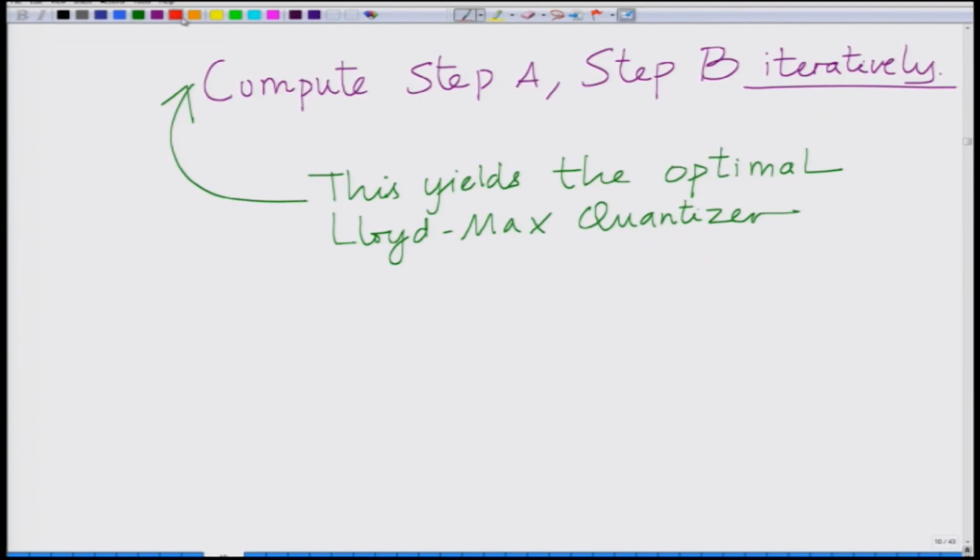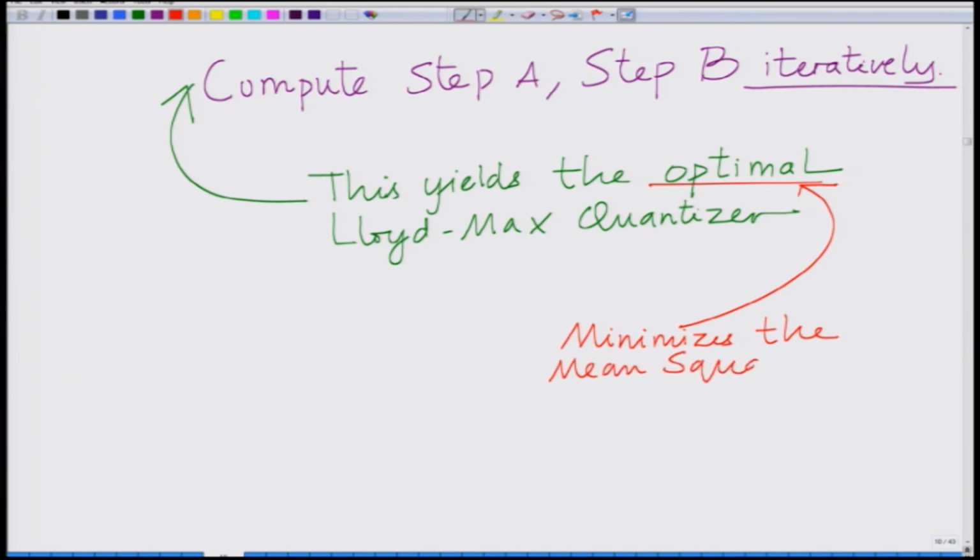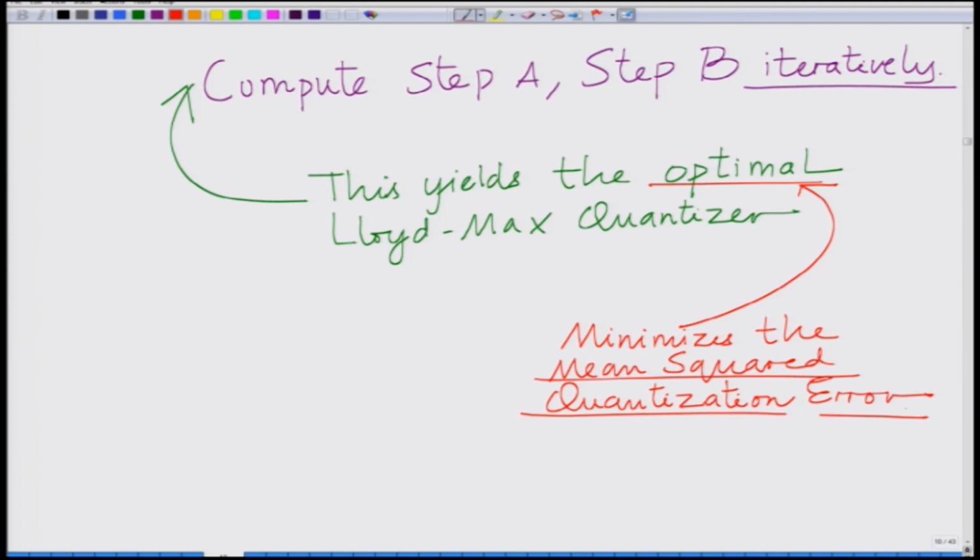Again, optimal in what sense? Optimal in the sense that it minimizes the mean squared quantization error.